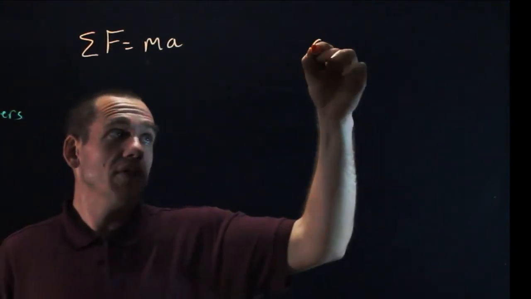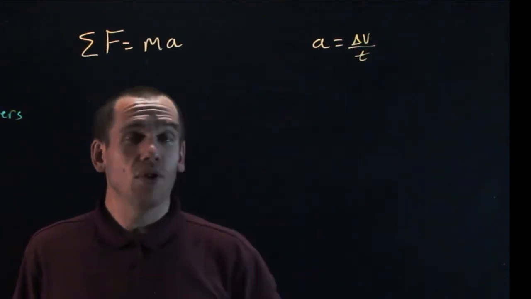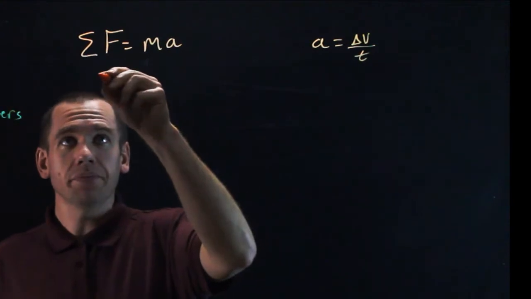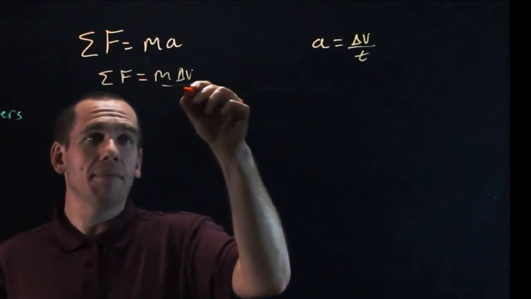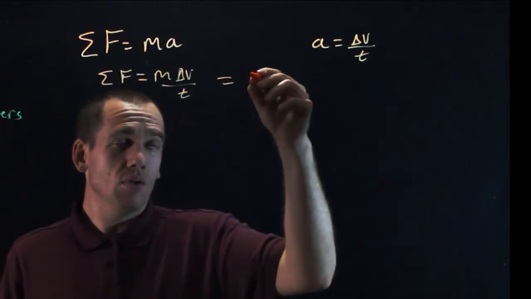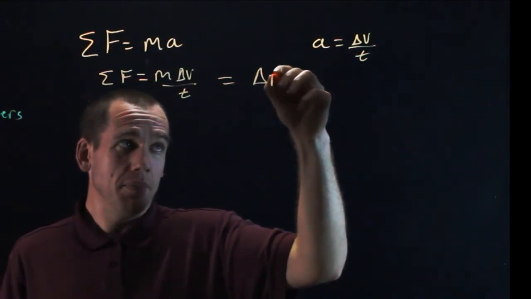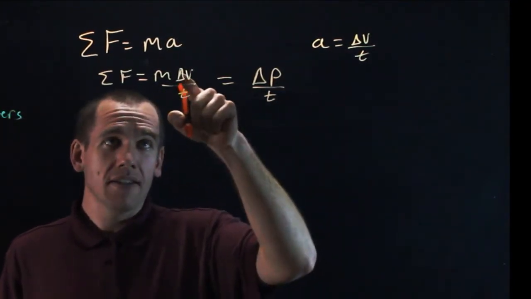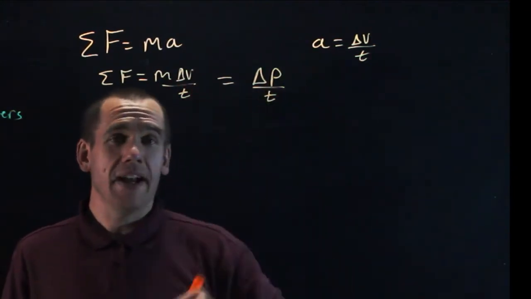But the definition of acceleration is the rate of change of velocity, so change in velocity divided by time, which means if we plug that into this equation, net force equals mass times change in velocity divided by time, what we really see is this is equal to change in momentum divided by time, right? Mass times velocity is momentum, so mass times change in velocity is change in momentum divided by time.